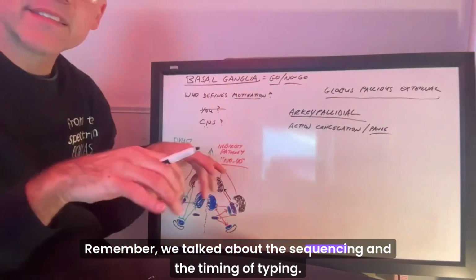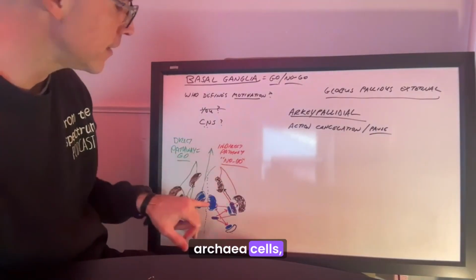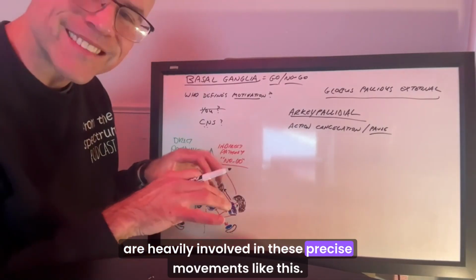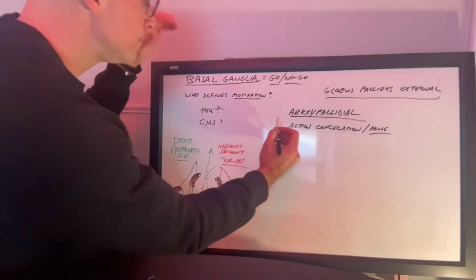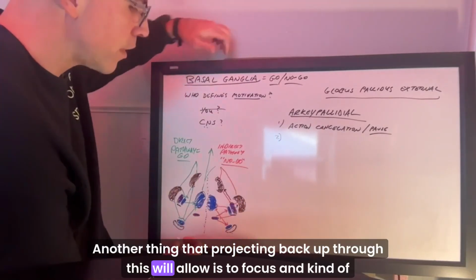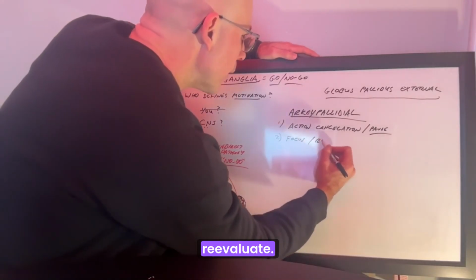Remember, we talked about the sequencing and the timing of typing. Arky cells are heavily involved in precise movements like this. Another thing that projecting back up to this will allow is to focus and kind of reevaluate.